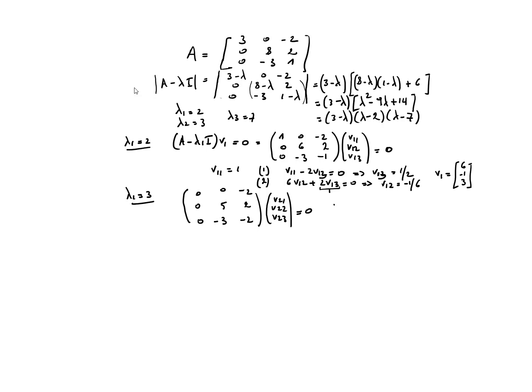Again we'll put v21 to 1, and it's easy to see that the first equation will lead to v23 equal to 0, and the second equation will then lead to v22 equal to 0. So we can take v2 equal to 1, 0, 0.